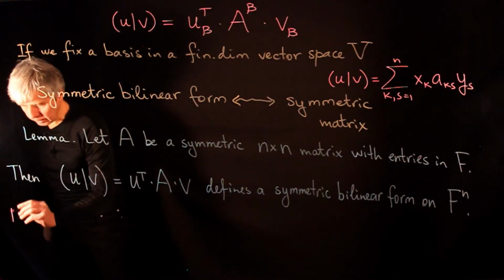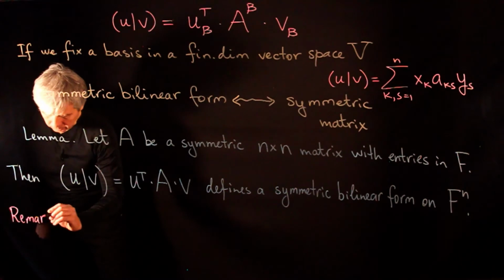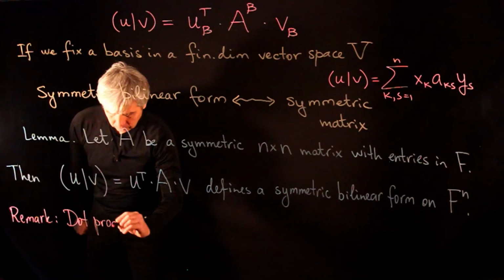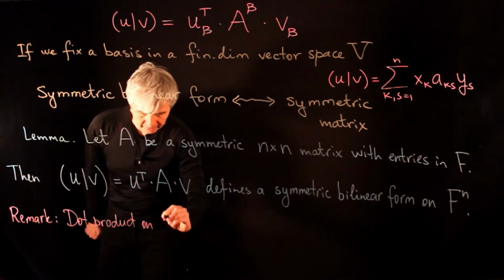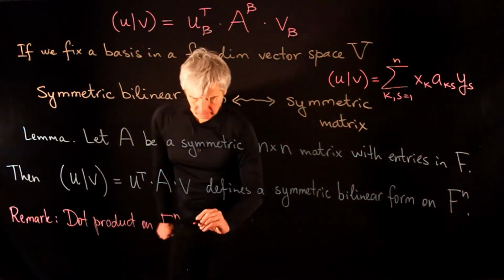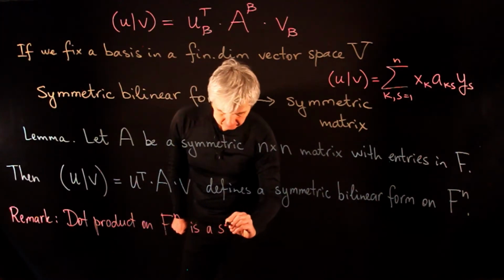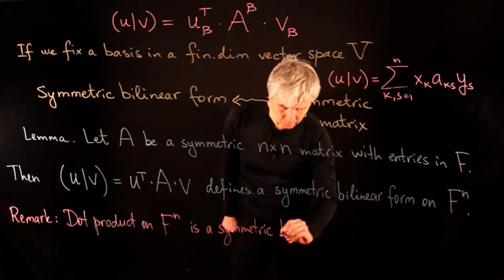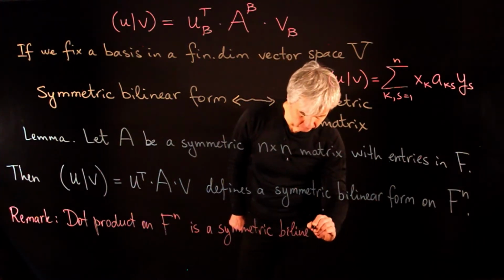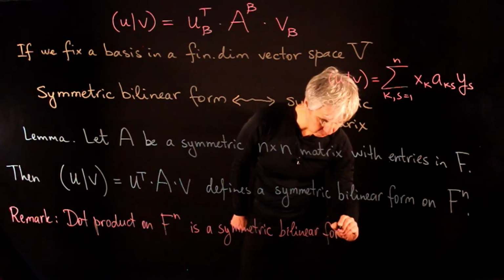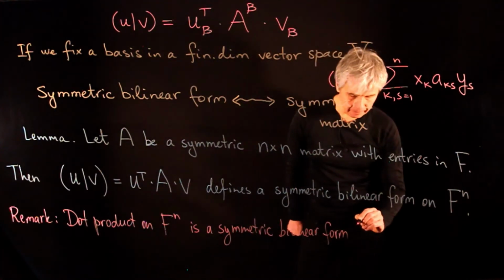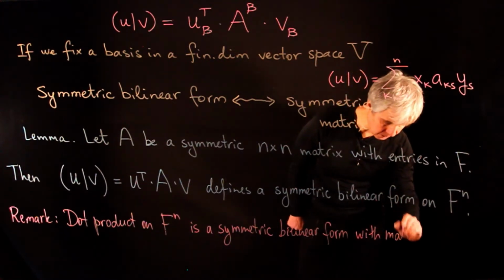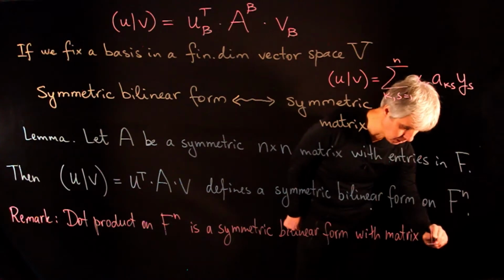We make a remark that the dot product on Fn is a symmetric bilinear form whose matrix in the standard basis is just the identity matrix.